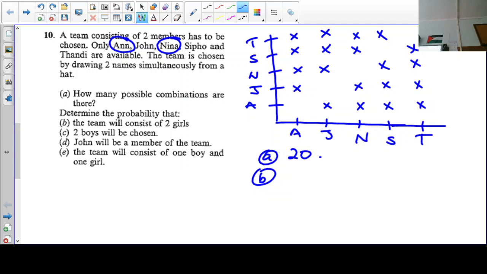Boy. Unisex. Tandi is a girl. Sipo only. Boy. Right.